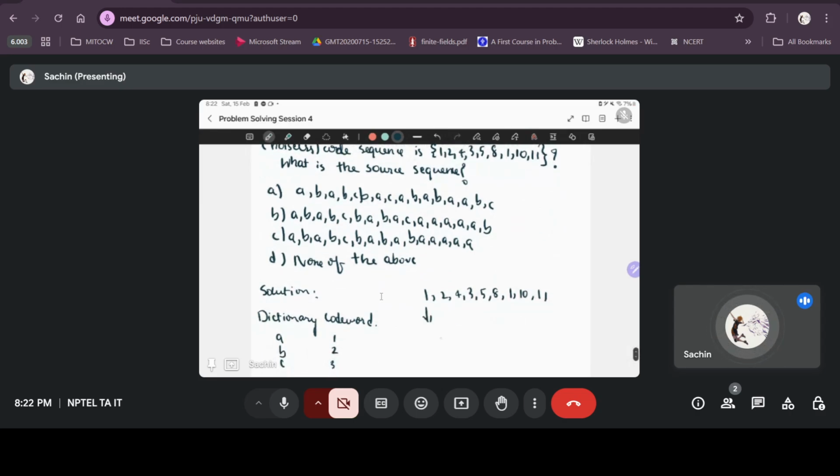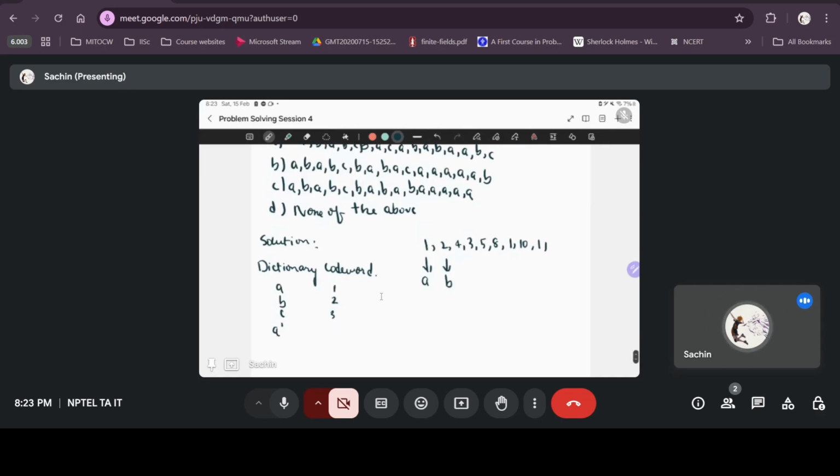If you receive 1, you should have received A. Then you received 2, it should have been B. First bit of this second received vector is the innovation symbol for the previous phrase. So AB must be code word 4.